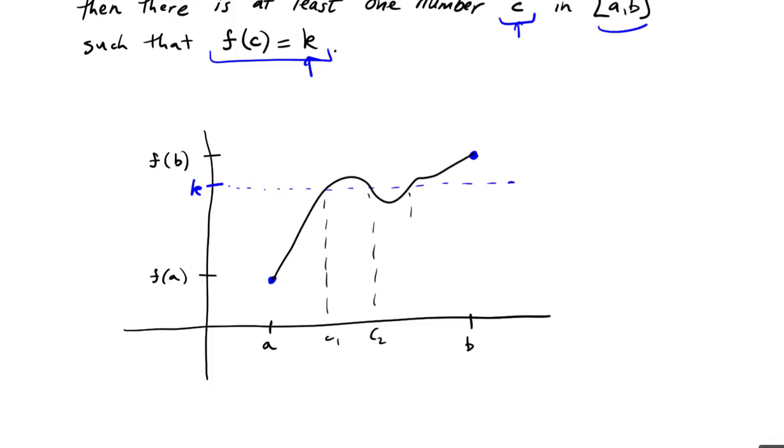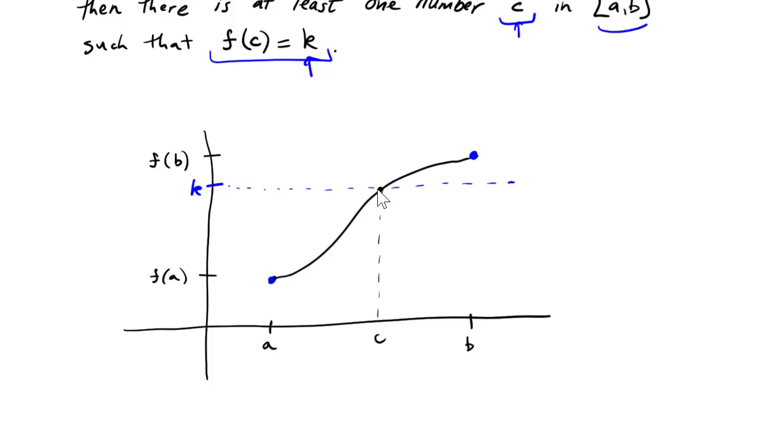Let me back up and go back to the simple example. Maybe something like that, where there is your c, where f of c is k. But realize, this came from the fact that the f I described here is continuous on [a, b].